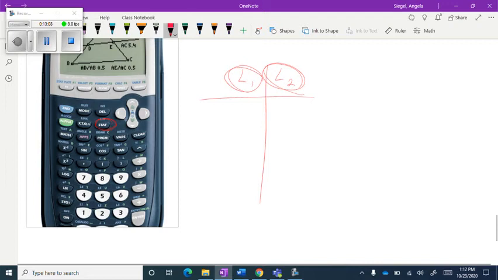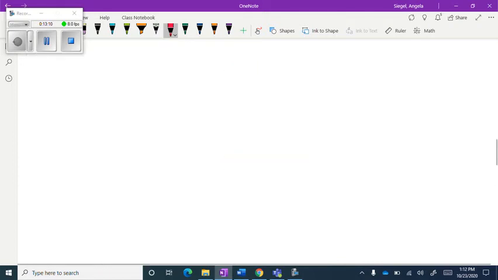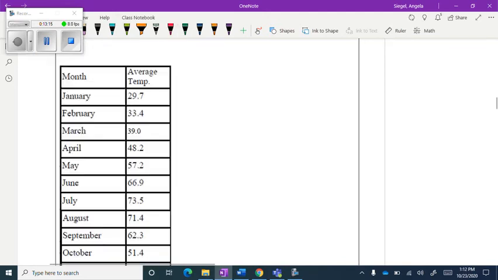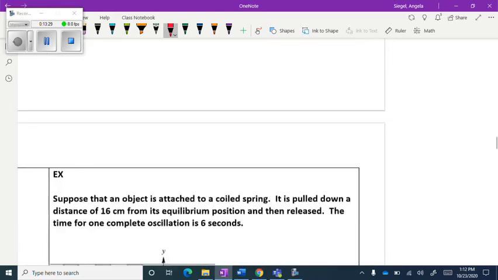Then we're going to go back. In L1, we're going to put 1 through 12, and in L2, these are going to be our Y values.